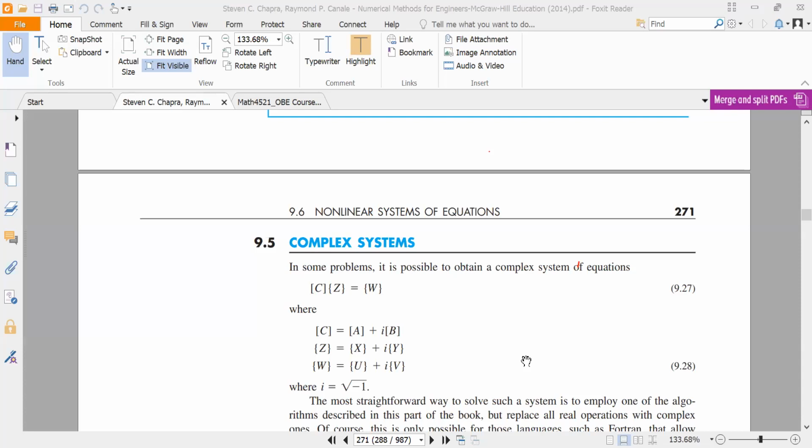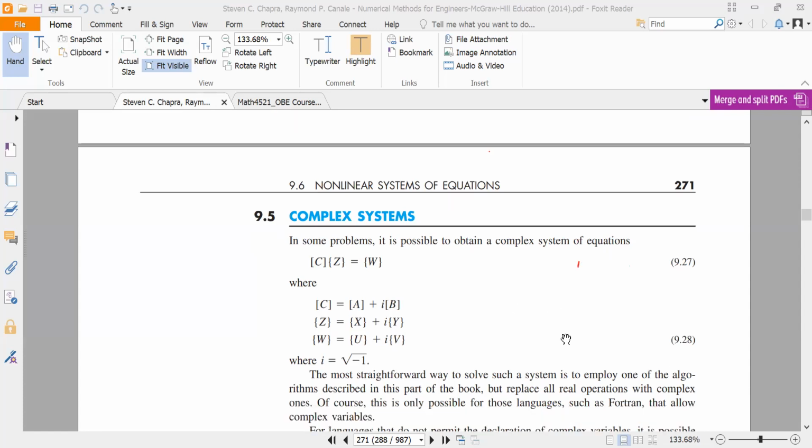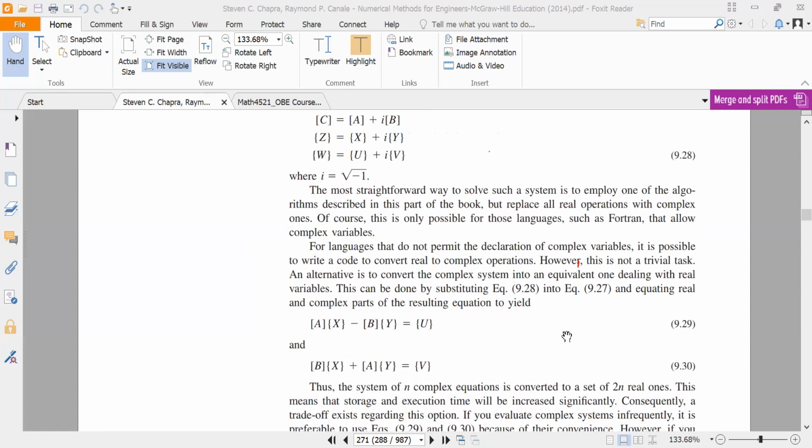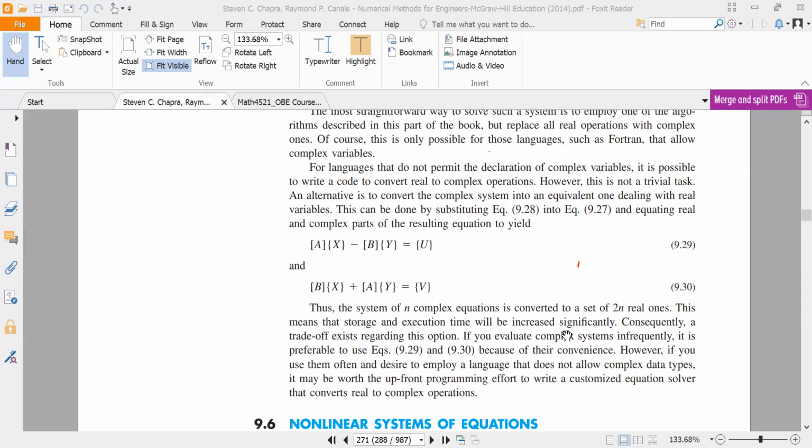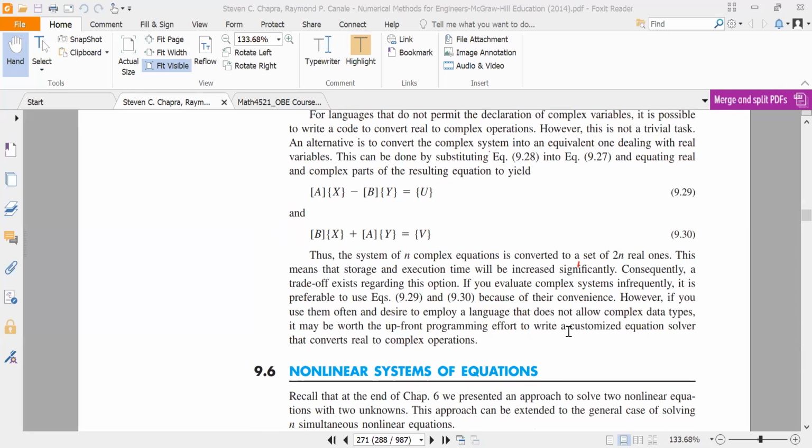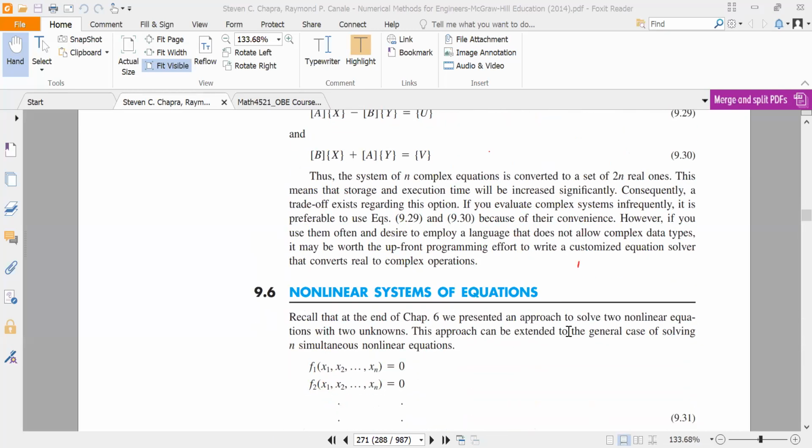In that case, you can split your equation into real and imaginary parts and handle the system separately. But nowadays, your computer can handle complex numbers, so we can proceed with complex calculation as well.